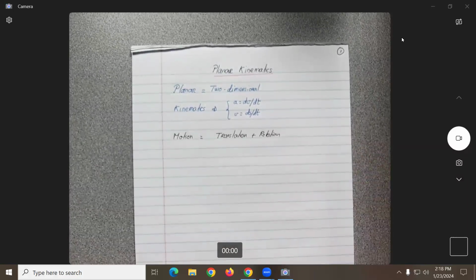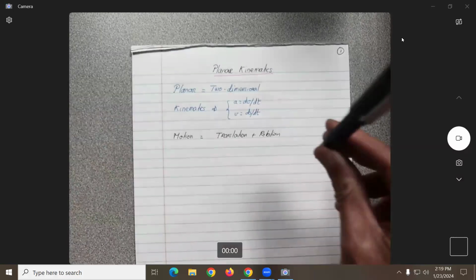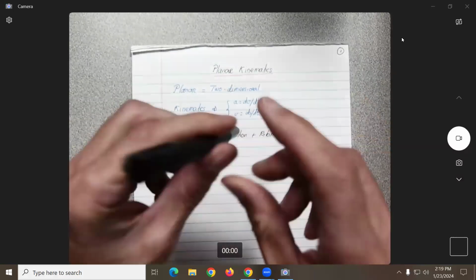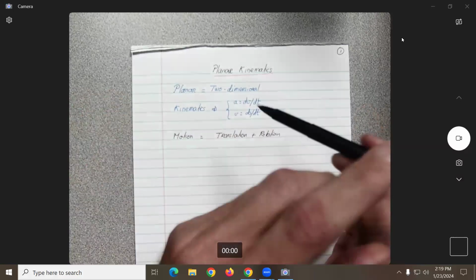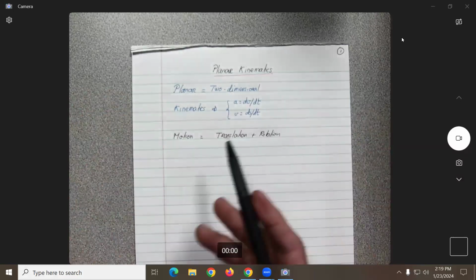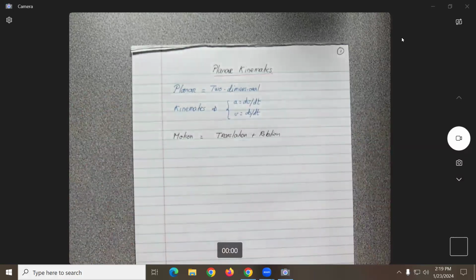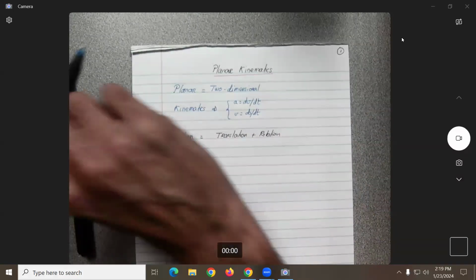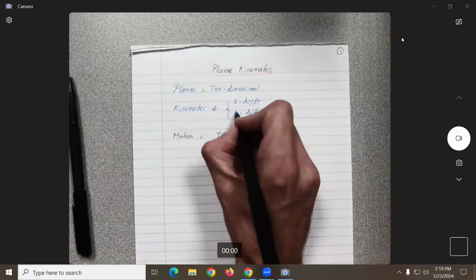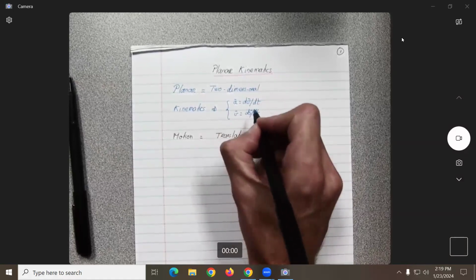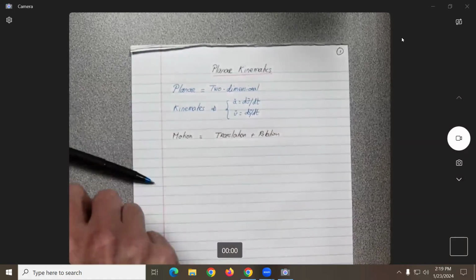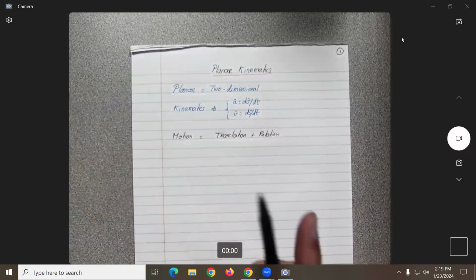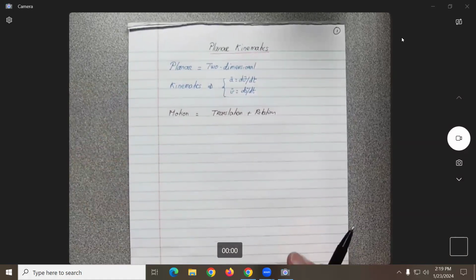For example, this marker can be moving just in translation, just rotation, or a combination of both. But you can always break it into two. This equation over here, maybe I should add little bars. This equation here is a vector equation. So before deriving, what do we need to define then?